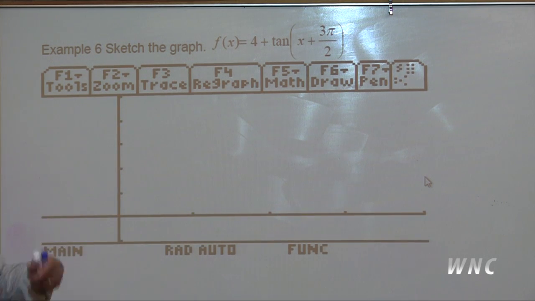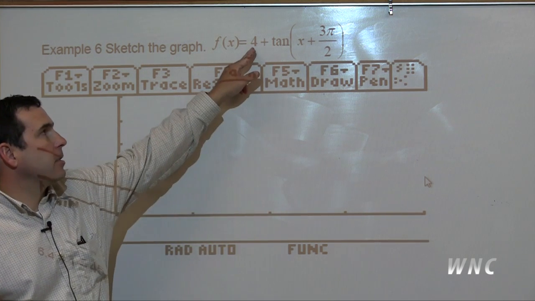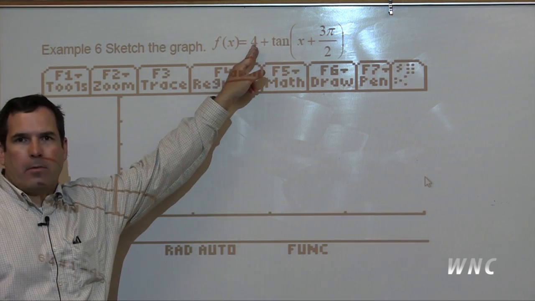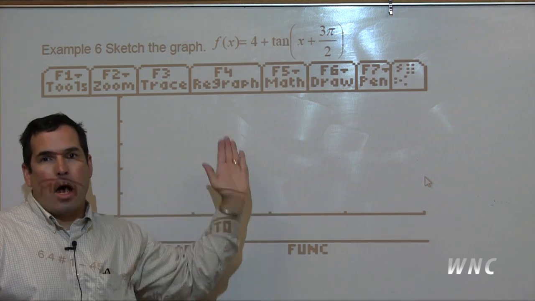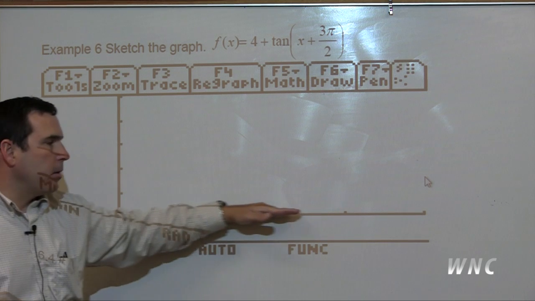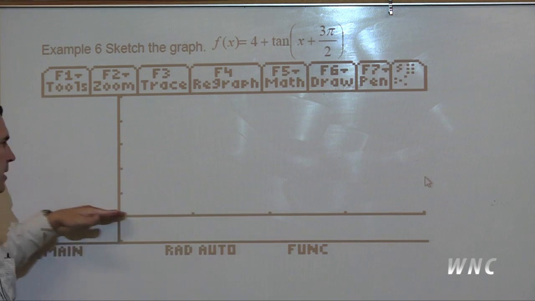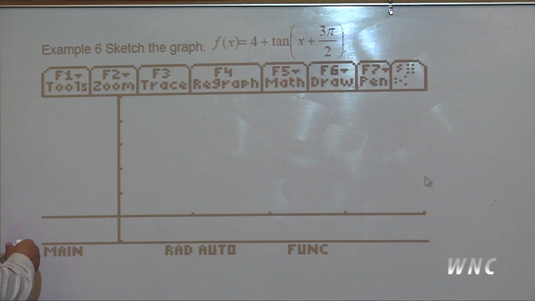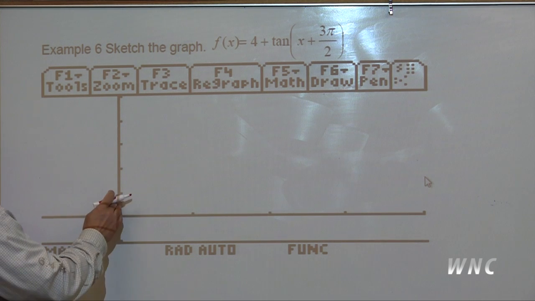So this is something we haven't talked about in this section, but it's something we've done in the past. We added a constant to our graph. So this graph is going to go up by 4. So our baseline here, this x-axis, what if we considered that now to be up a little further?